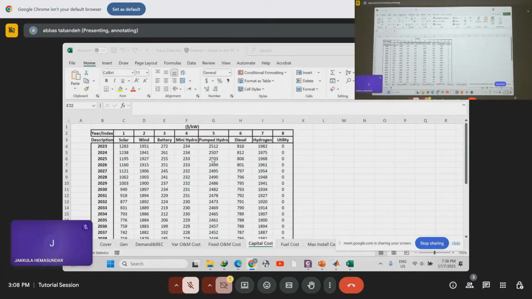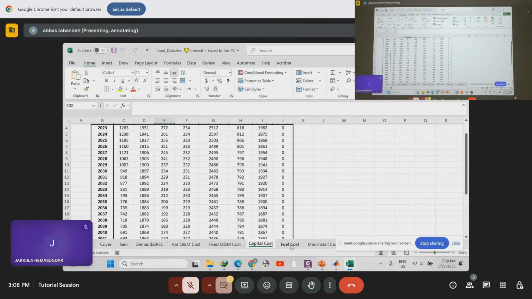Otherwise, if we face technical limits or other constraints in the network, we need to choose other technologies.